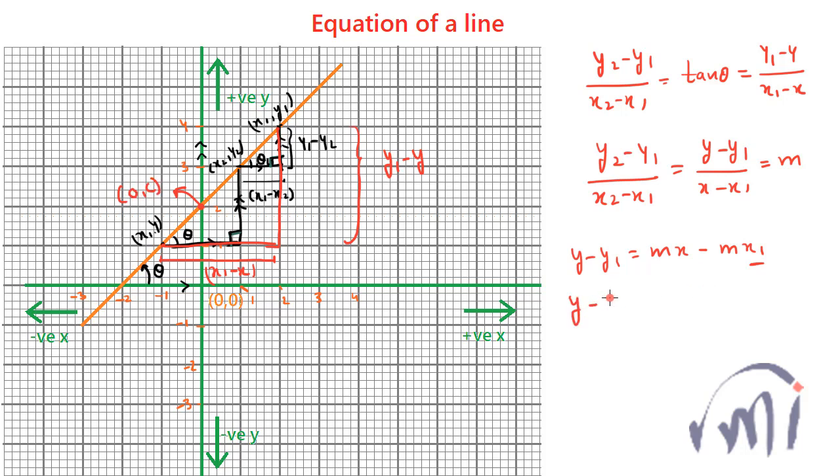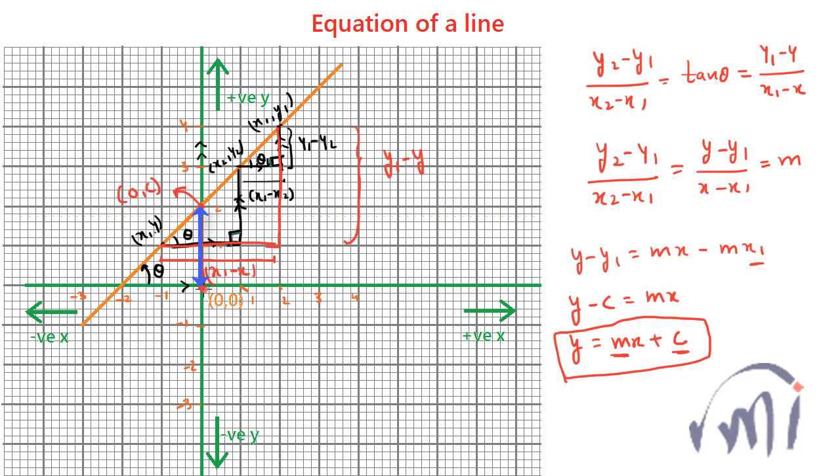Then y minus c will become mx, or y will become mx plus c, right? This is a specific equation for x1 equal to 0, or it is a generalized equation for a line in which m is the slope of the line and c is the intercept which that particular line makes on the y-axis.